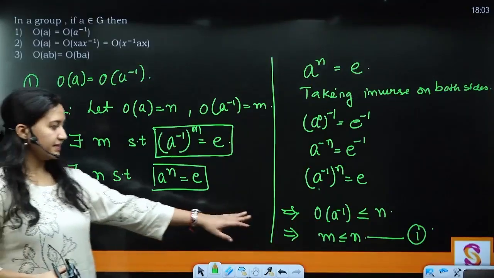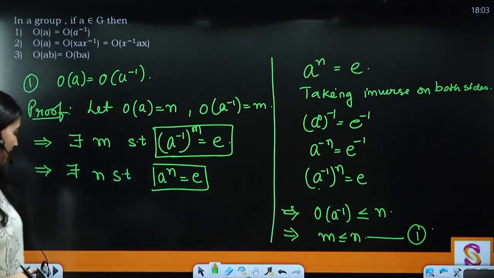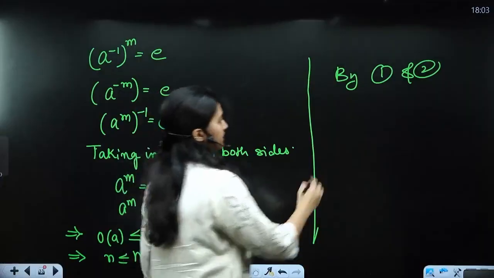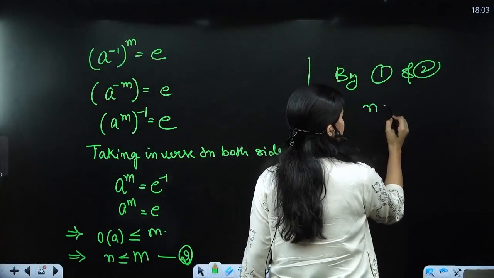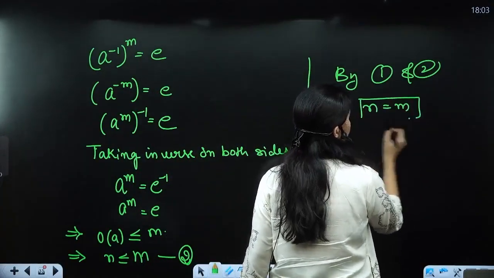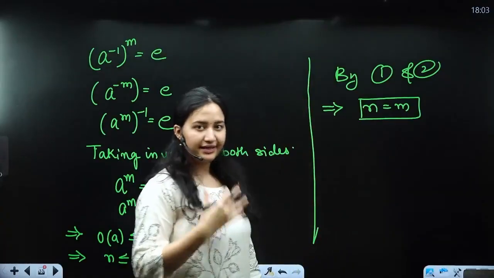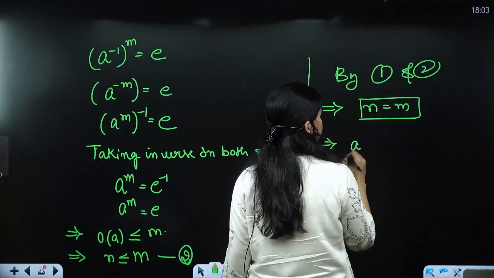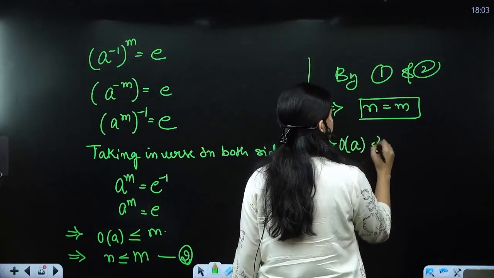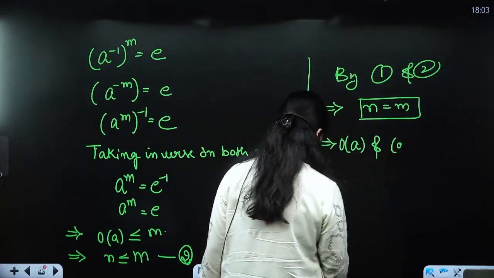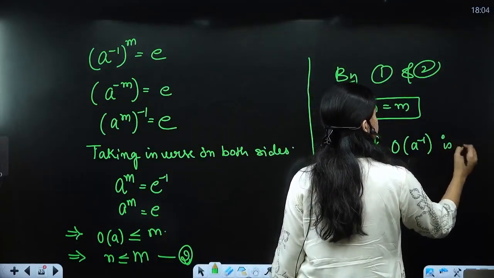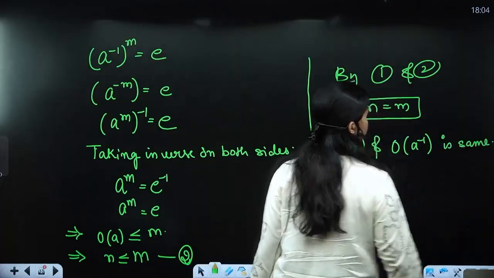The first equation was saying that m is less than or equal to n, and the second equation says that n is less than or equal to m. So this implies that n is equal to m. Both of these conditions can only be possible if n is equal to m. Now this implies that order of A and order of A inverse are the same. Clear?